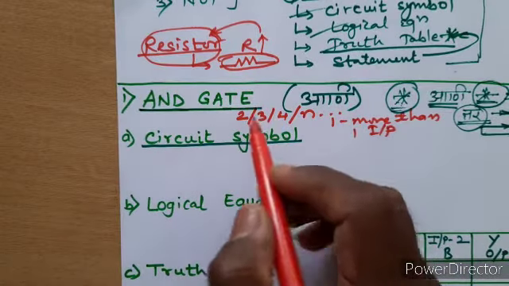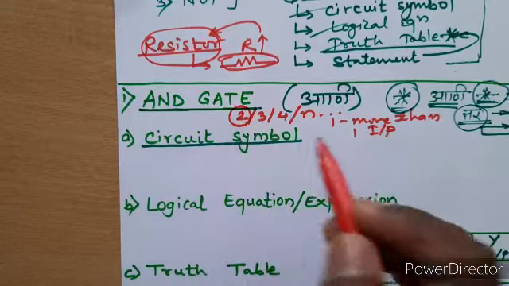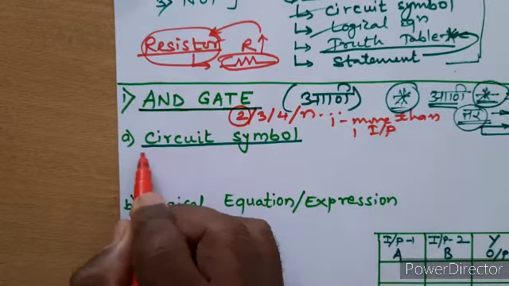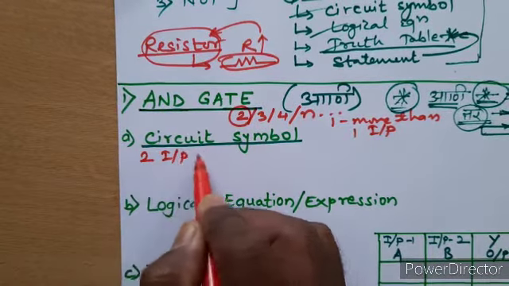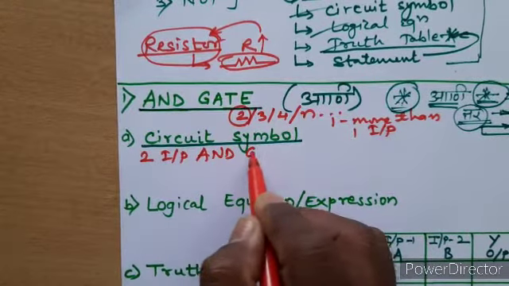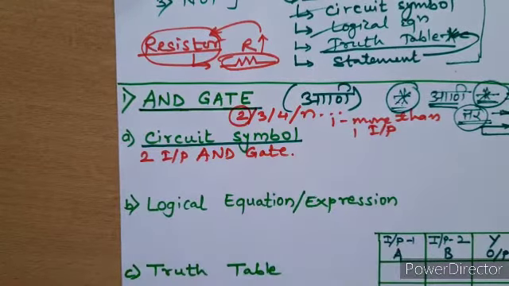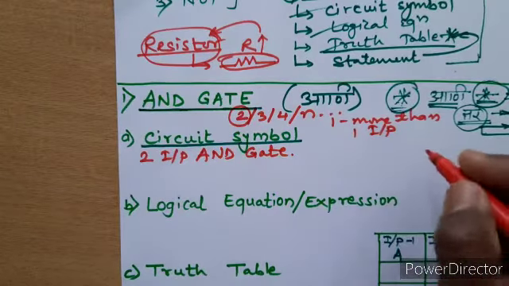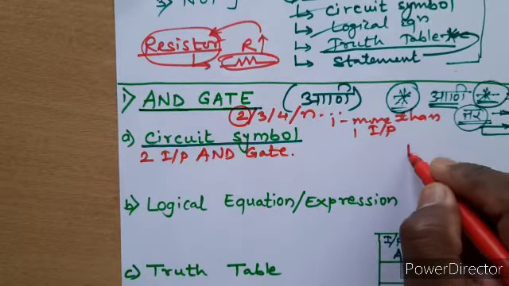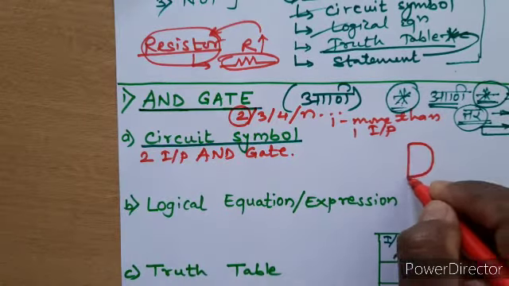But for understanding purpose, let us consider 2 input AND gate. Okay, so what is the symbol for 2 input AND gate? The symbol is this way.